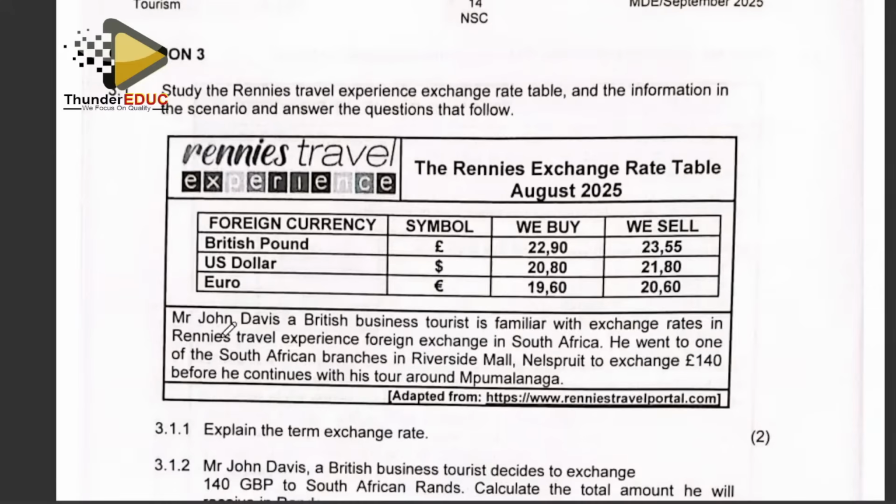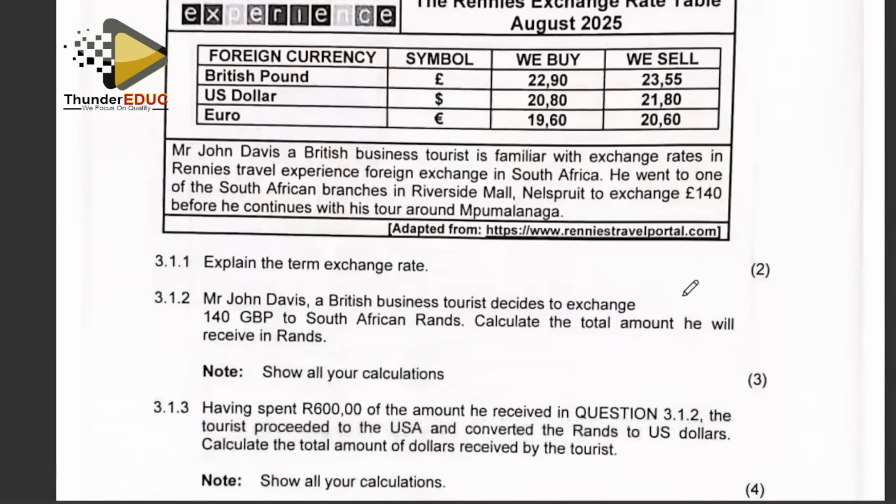Then we have Mr. John Davis, a British business tourist, who is familiar with exchange rates in Rennies Travel experience foreign exchange in South Africa. He went to one of the South African branches in Riverside Mall, Nelspruit, to exchange 140 pounds before he continues his tour in Mpumalanga. So the first thing they are asking for is the exchange rate.